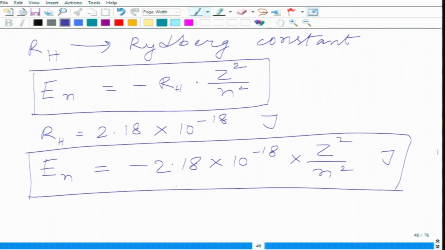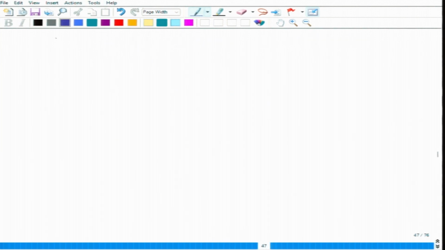So, this is the formula of energy in joules. We know that 1 electron volt is equal to 1.6 into 10 to the power minus 19 joules.